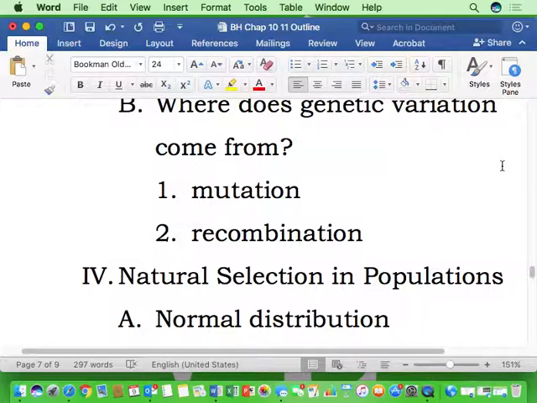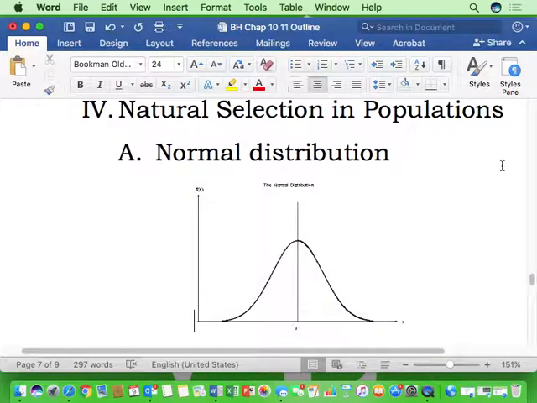We can see a normal distribution. Now, we have such a small population, it's hard for us to take a look at our distribution patterns. So this is what normal distribution looks like.